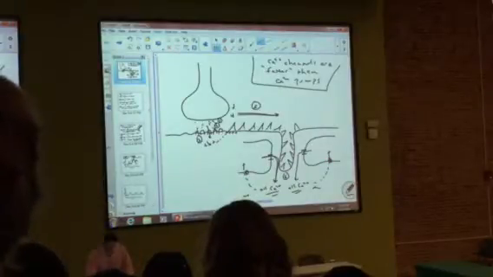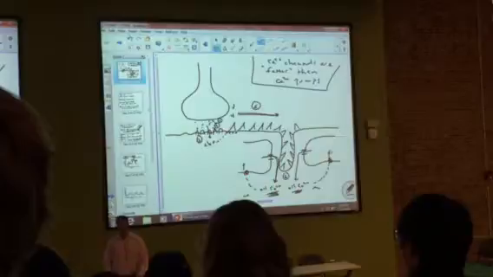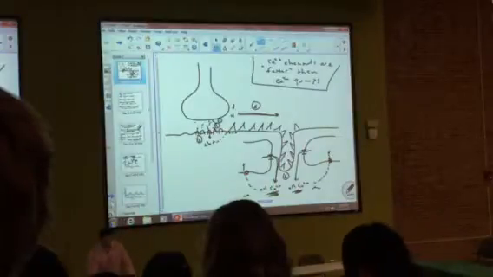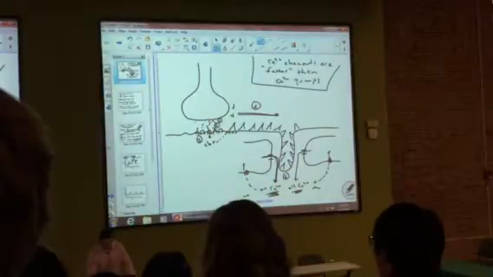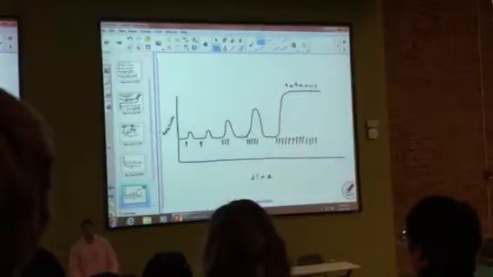These calcium pumps are trying desperately to lower this calcium in the sarcoplasm. That's their job. But if these calcium channels are dumping calcium faster than the calcium pumps can pump it back in, will the calcium levels be higher for a longer period of time when we increase the frequency? Yes.